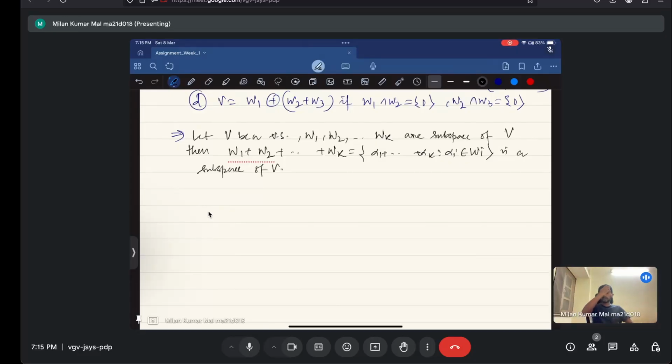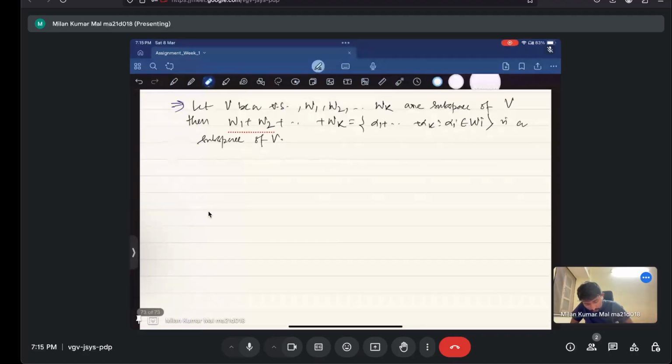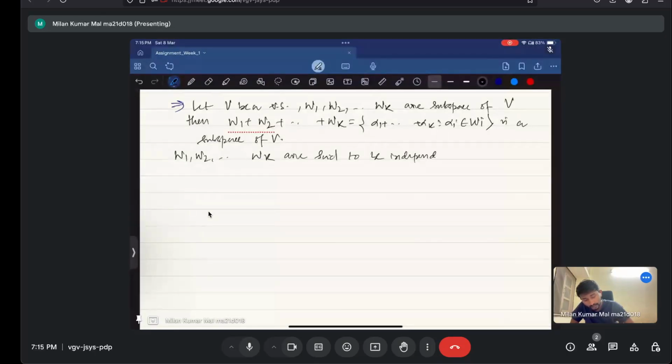Now W1, W2, Wk are said to be independent if alpha 1 plus all the way alpha k equals 0, where alpha i comes from Wi, implies that alpha i equals 0 for all i equals 1 to k.